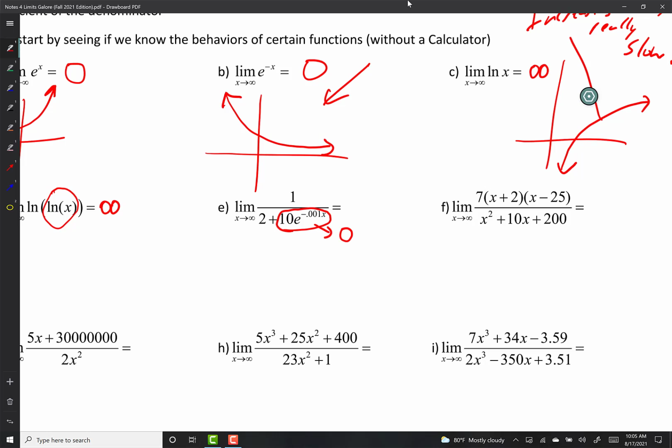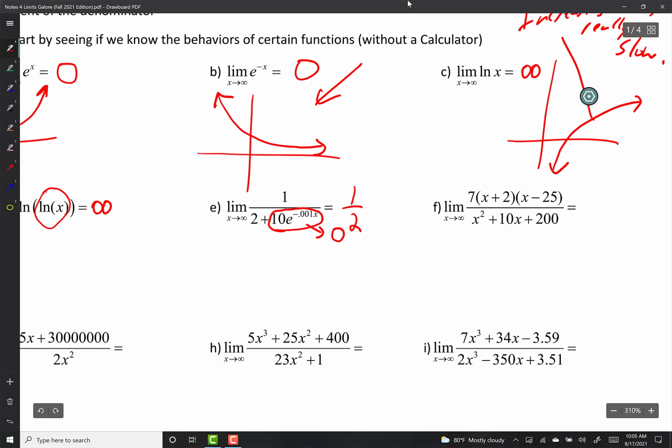Does that make sense to you guys? So because that will eventually be 0, all of this is going to be 1/2. All that 10 does is a vertical stretch by a factor of 10, but I'm still going to be approaching 0 as x approaches infinity. Does that make sense? Just for that little guy, that term.